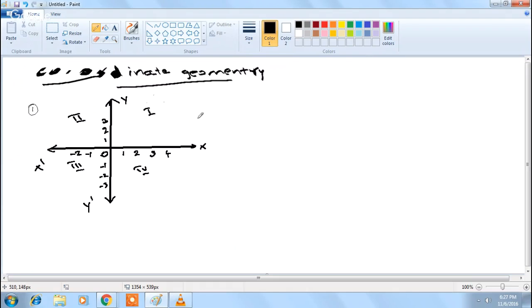Next thing you have to know, locating a point in the coordinate system. It's very simple. So let us consider y-axis and x-axis, which are both perpendicular to each other. So the angle between the coordinate axes is 90 degrees.